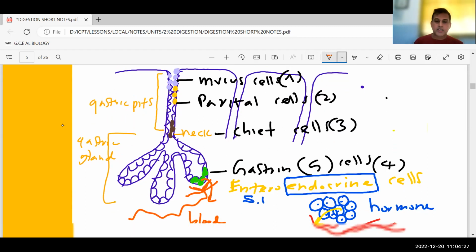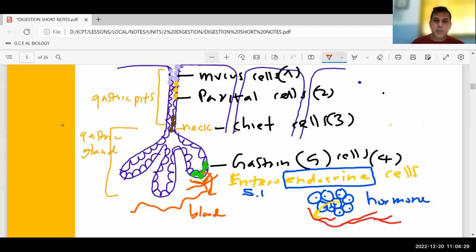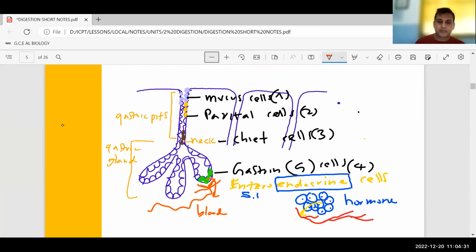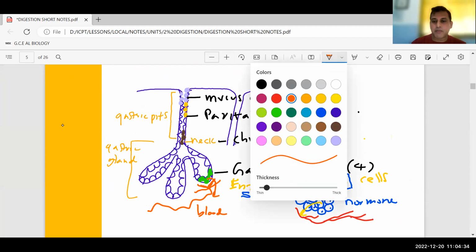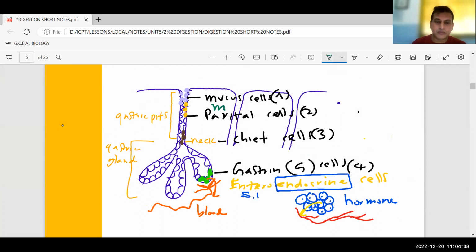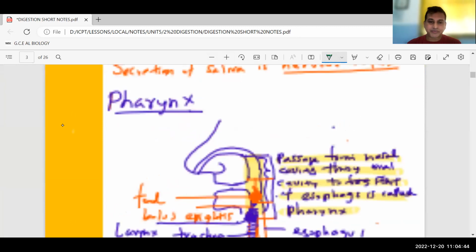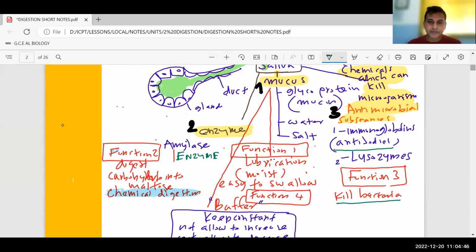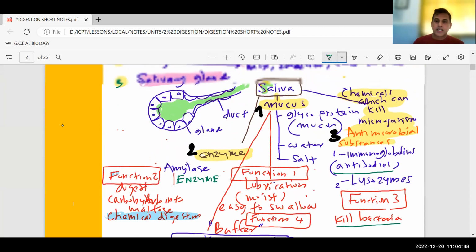Okay, let's see now what is the function of each cell. Mucus cells produce mucus. I think we learned about mucus earlier. Saliva also contains mucus. Mucus consists of glycoproteins called mucin and a large amount of water and salt.